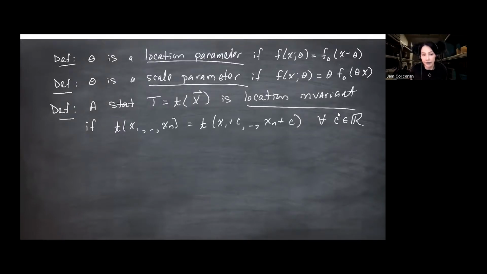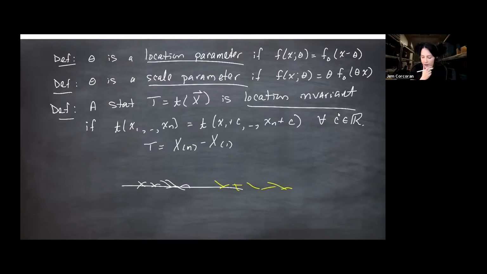We saw an example last time of something that is location invariant. I did it for a uniform, but for any distribution, the statistic max minus min. You have all your data, and then you add c to all of it, or subtract, if c is negative.